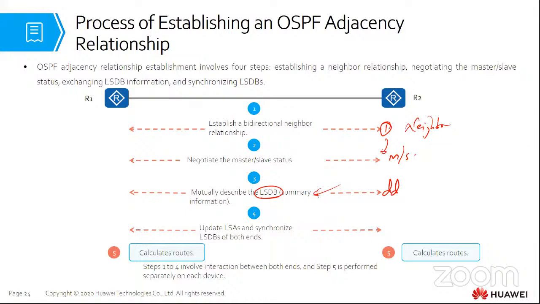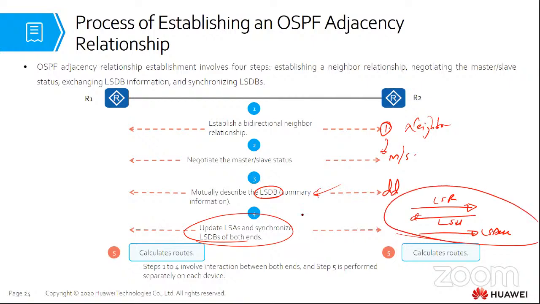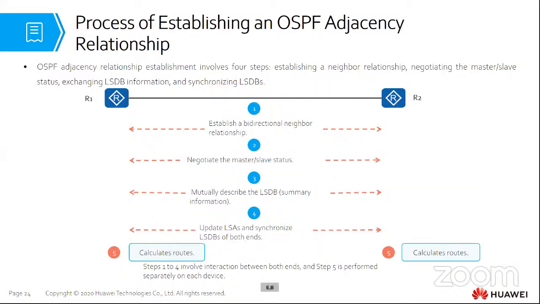After exchanging the summary information, we start these three packets: link state request, link state update, link state acknowledgement. We exchange these until the link state database of 1 is exactly equal to the link state database of 2. Once this is achieved, we have now reached an adjacency. And when we are at adjacency level, each router will independently calculate routes. Are we together?